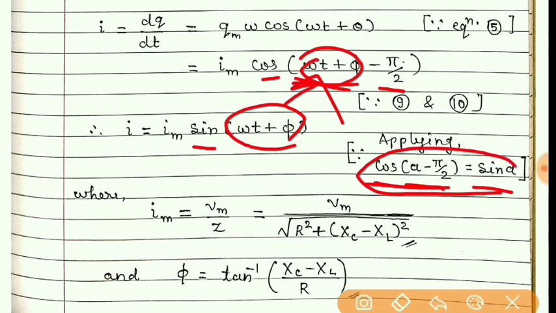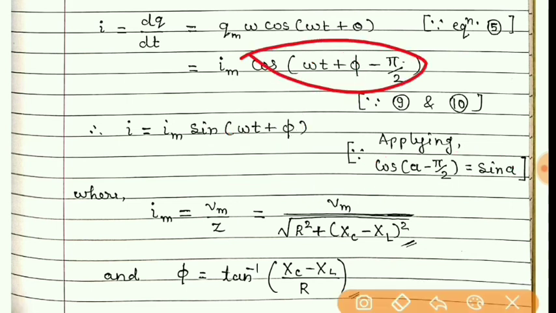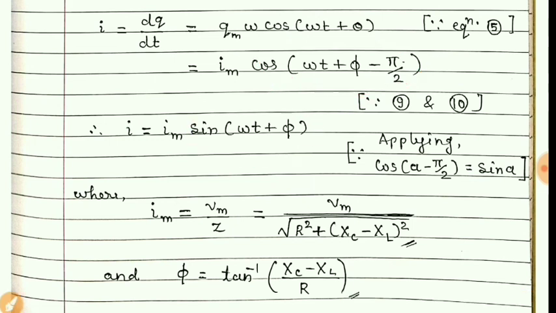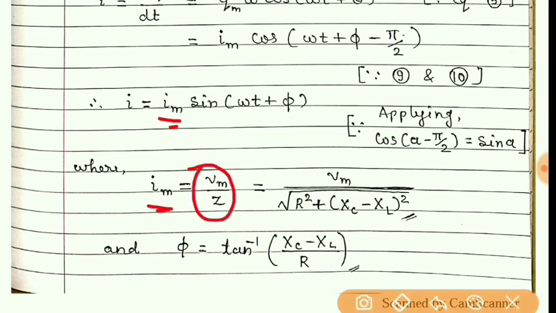So applying this relation, we get this equal to this in terms of sine. Now here this Im is nothing but Vm upon Z. But what is Z? It is root of R square plus (XC minus XL) whole square.